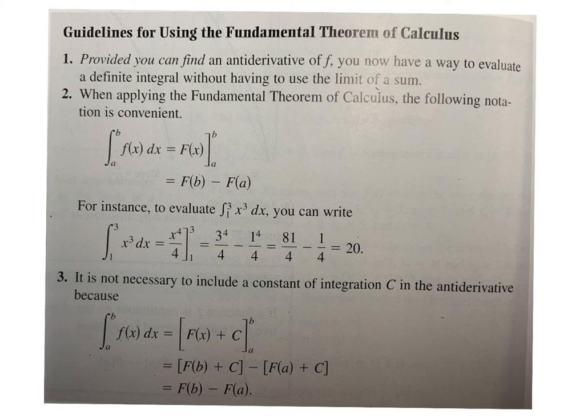They have a definite description of what they want you to do from A to B, in this case, from 1 to 3, okay? So now that we have taken the antiderivative, we're going to plug in the top number, the 3 to the 4th over 4, minus 1 to the 4th over 4, all right? That's 81/4 minus 1/4, that's 20.